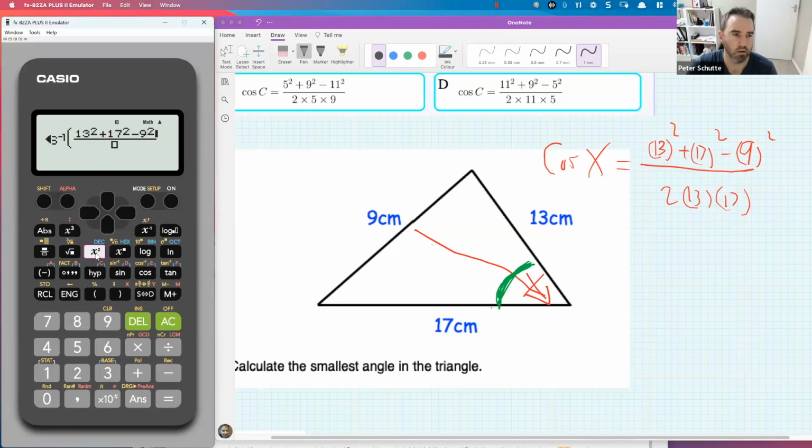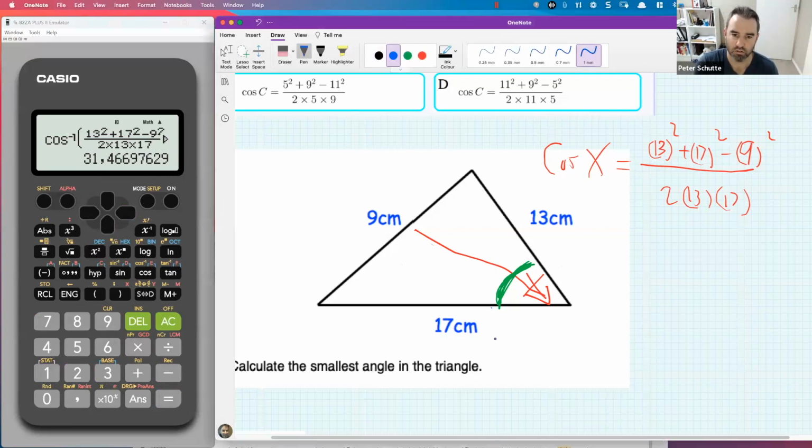So, what have I got? 31.47 degrees is the smallest angle.